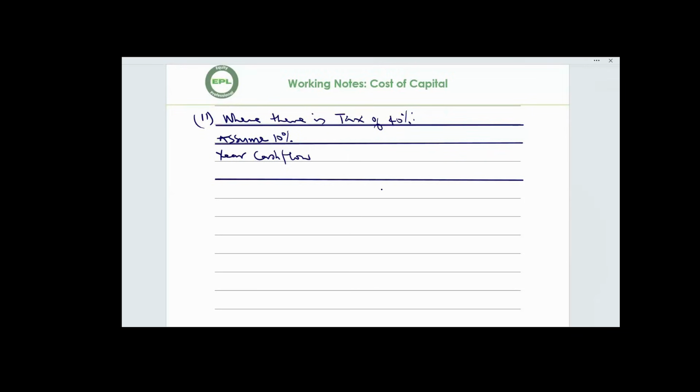Sorry, description of items first. Then we have the cash flow, discount factor, then present value. We are starting with 10%. Year 0, year 1 to 3, then final year. Let's design our table first.